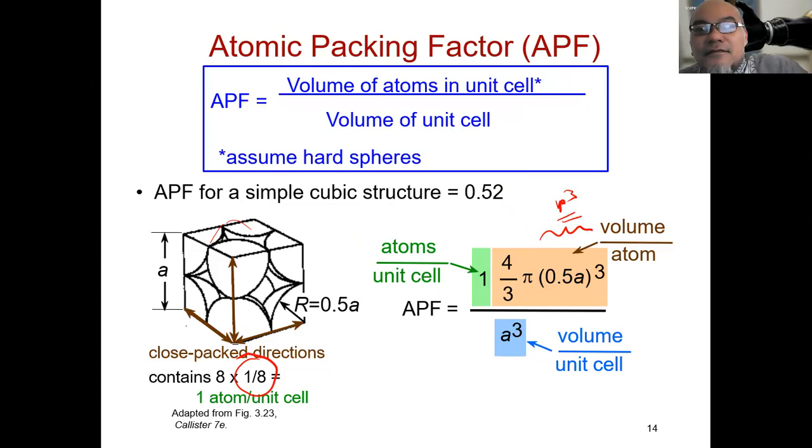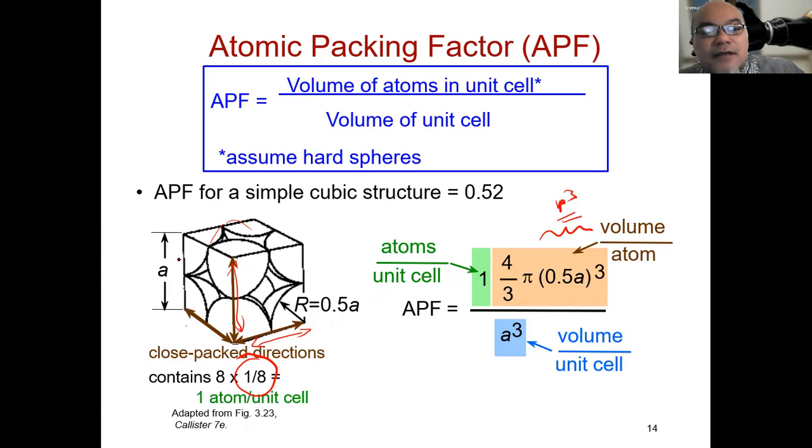In a simple cubic structure, in 2 dimensions, the atoms are attaching to each other. Like this, along one edge, and also here, they are attaching to each other.